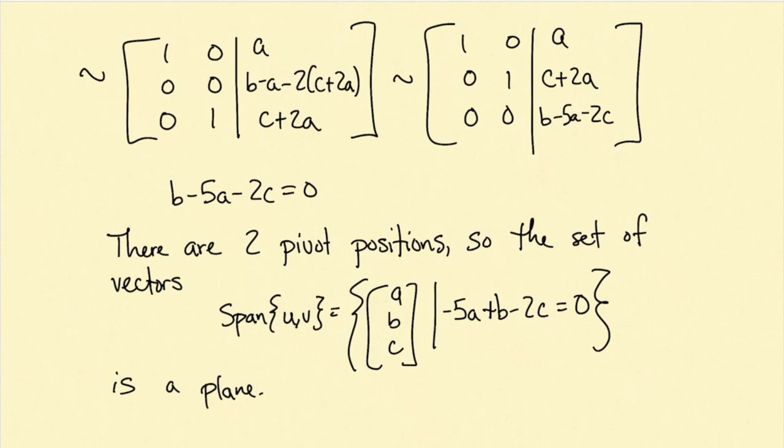In 4 variables is something that looks like R3 embedded in R4, which is hard to visualize, but it is what it is. In 5 unknowns, again, this is impossible to visualize, but it should be a 4-dimensional space embedded somehow into 5-dimensional space, and so on.